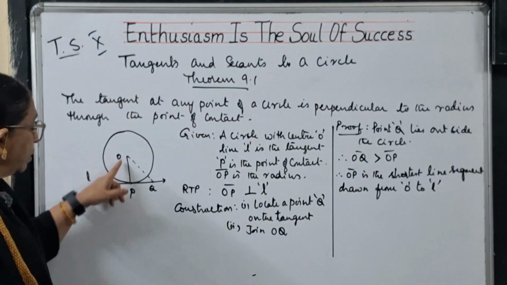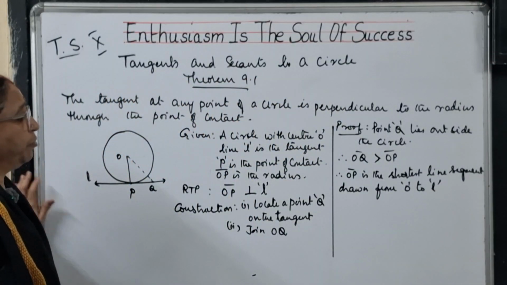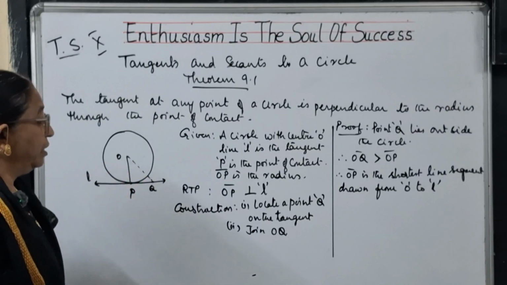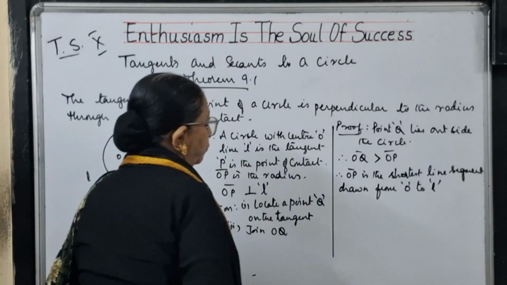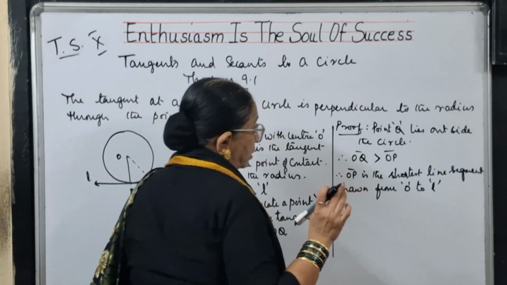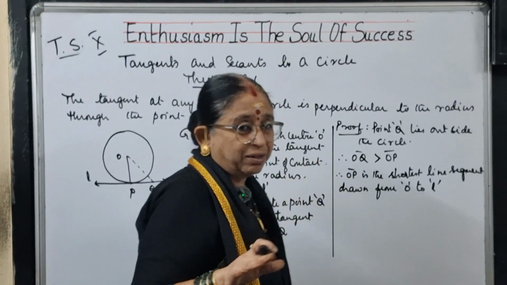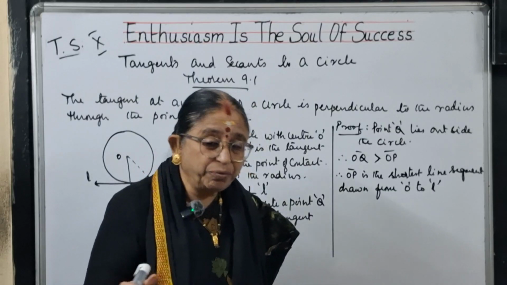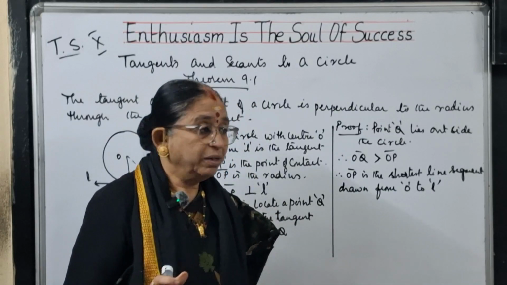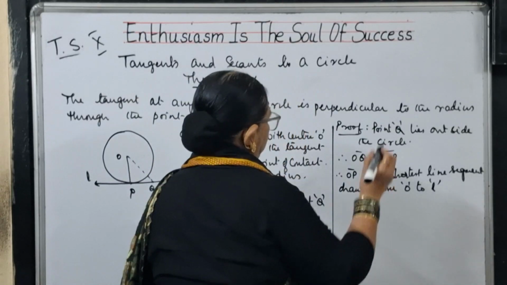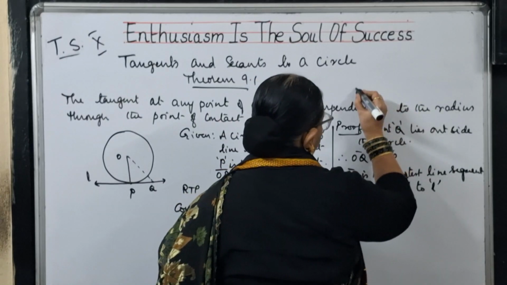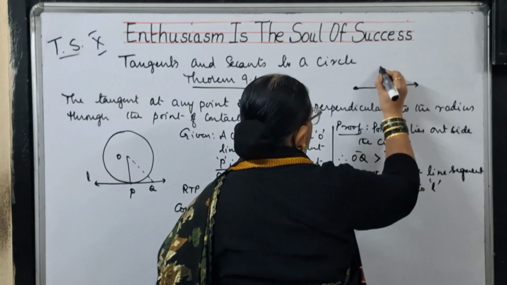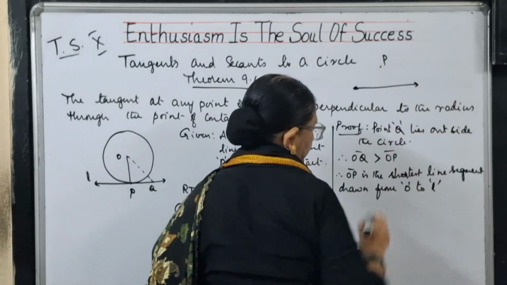Isn't it? OP is the shortest line segment drawn from point O to line L. That means what? We know that. See children, in your previous class, you have got a theorem for it. Suppose you have got a point P here.